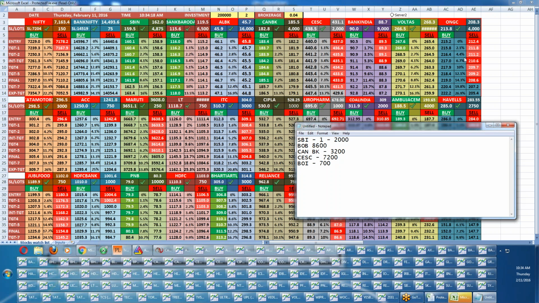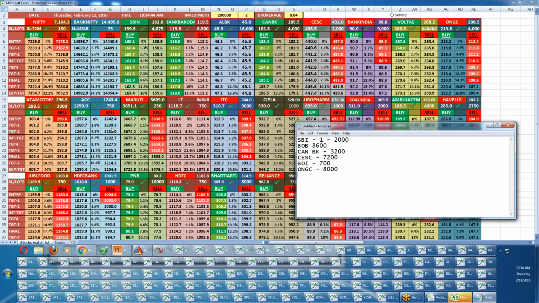So that's 2000 lot. That's 8000 rupees. Tata Motors we have a sell call. It's still flat. ACC we had a sell call. It made its intermediate target at 10 rupees there.